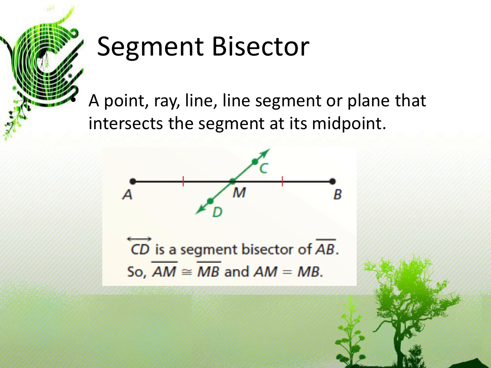So then that tells me that this piece over here, AM, is going to be equal to MB. Or you could also say that it's congruent. So when I have congruency marks like this, I'm going to use the congruent statement. If I had numbers, I would state that they're equal because I would know the exact measure.